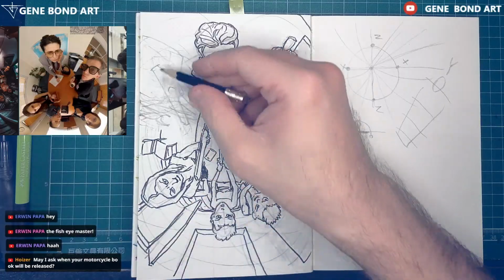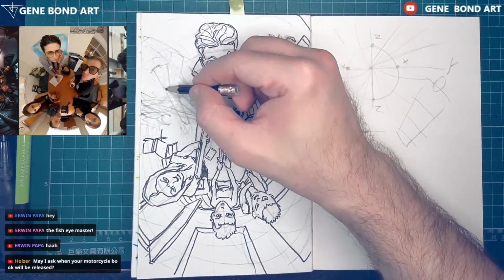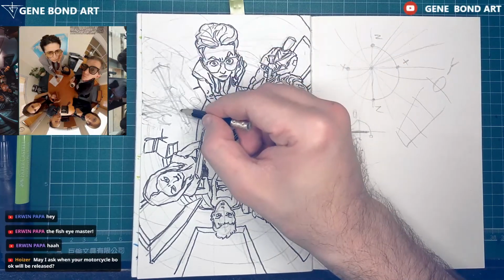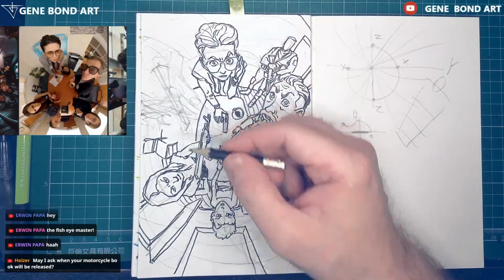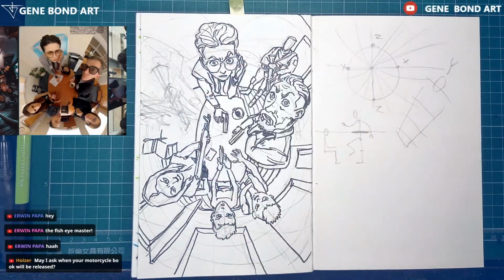So it's like some kind of AR-15 from imagination.